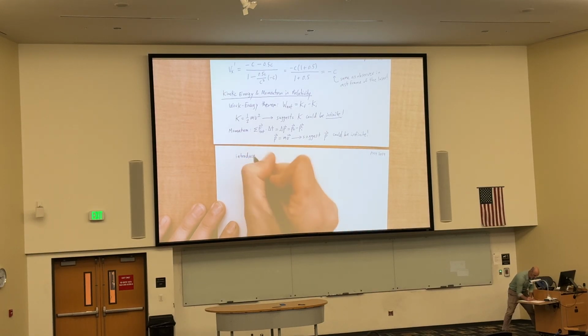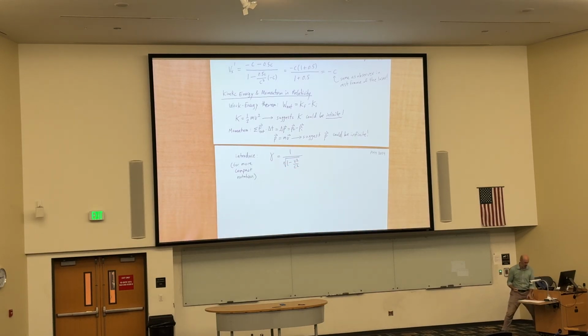So let's introduce, and this is just for more compact notation, to make our equations a little bit simpler, gamma, which is equal to 1 over the square root of 1 minus v squared over c squared, a factor we've seen before in time dilation.